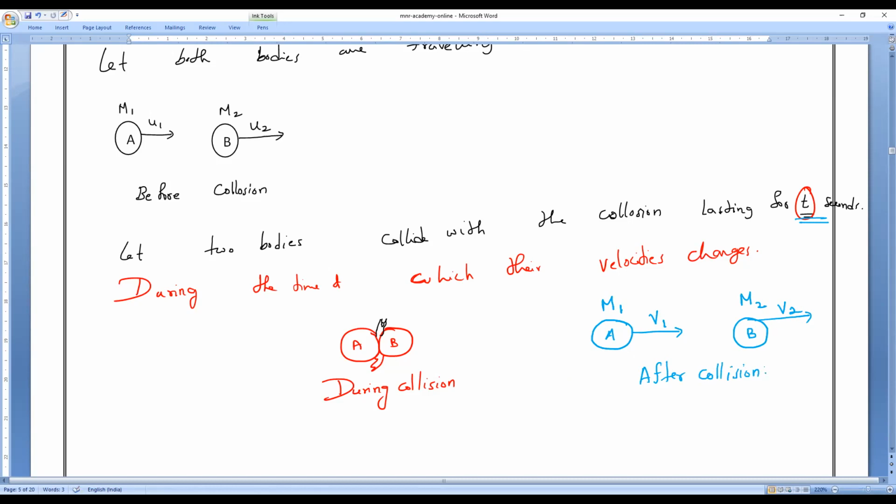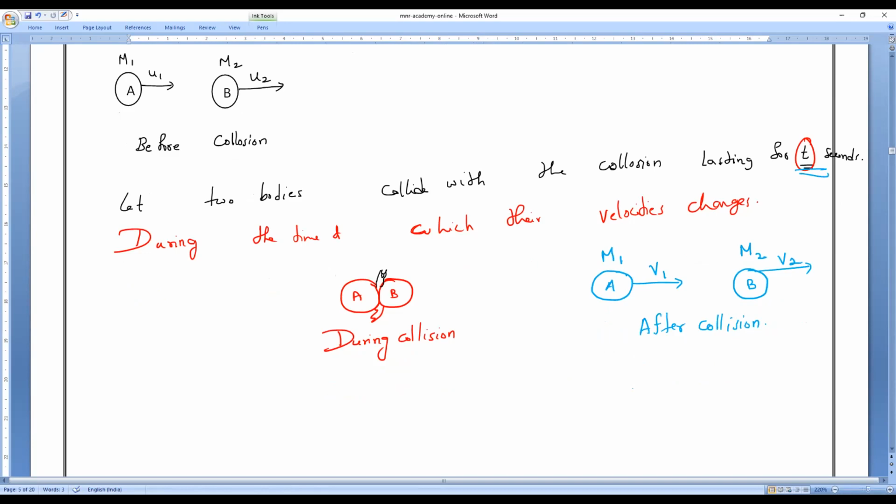So let V1 and V2 be their final velocities after collision. Is it okay, everybody?